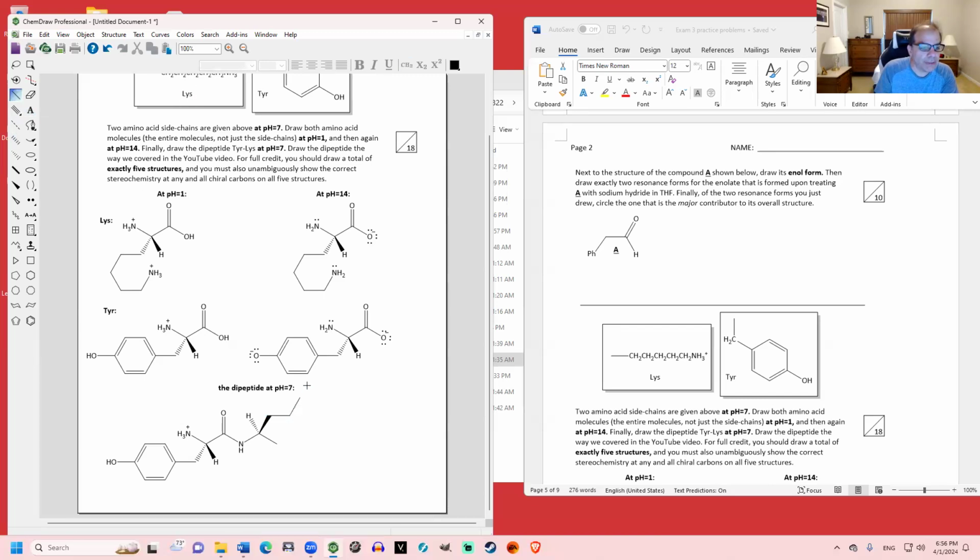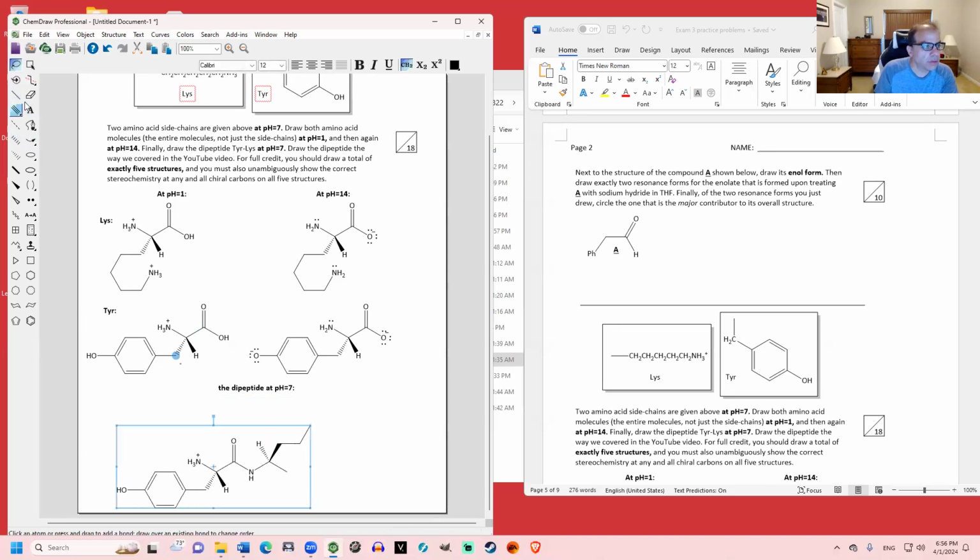We've got 5 CH2s. This looks absolutely dreadful, but 1, 2, 3, 4, 5 CH2s. And then comes the nitrogen on the side chain of lysine.